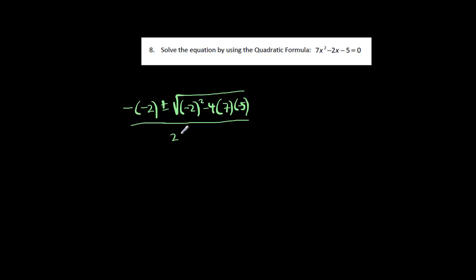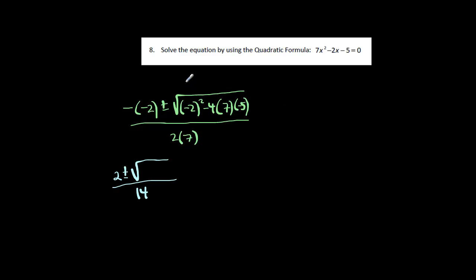Number 8, use the quadratic formula. So the opposite of b plus or minus the square root of b squared minus 4ac, all over 2a. Let's simplify. So we have 2 plus or minus. We've got 14 down here.